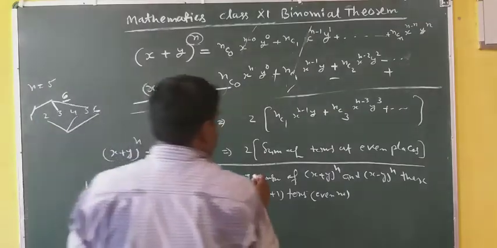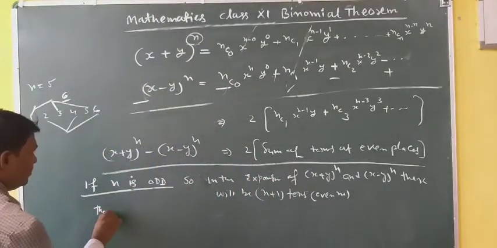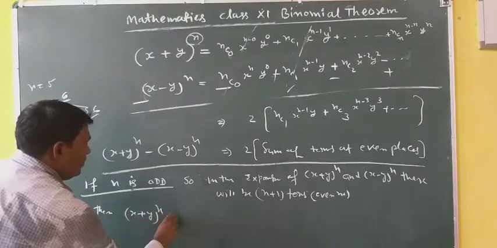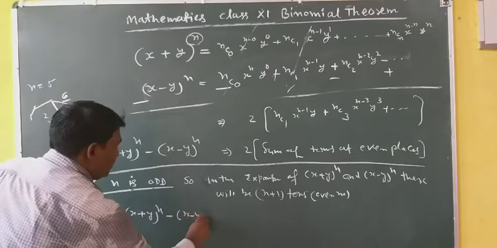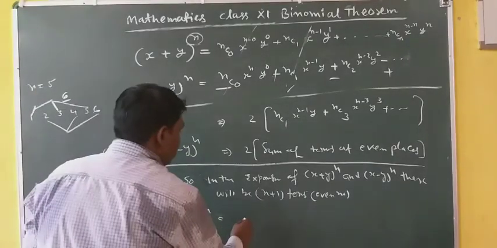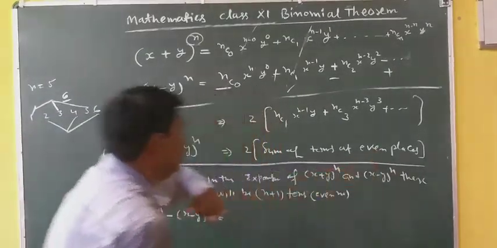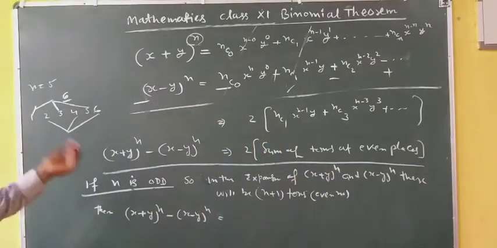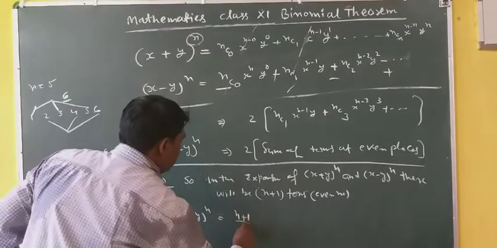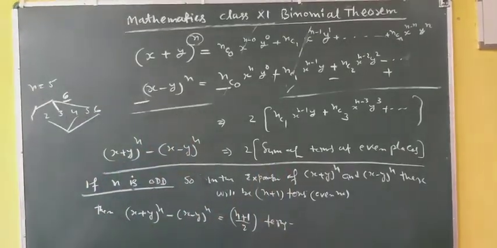Therefore, if n is odd, then in the expansion of (x plus y) power n minus (x minus y) power n, which is the sum of terms at even places, there will be (n plus 1) by 2 terms.